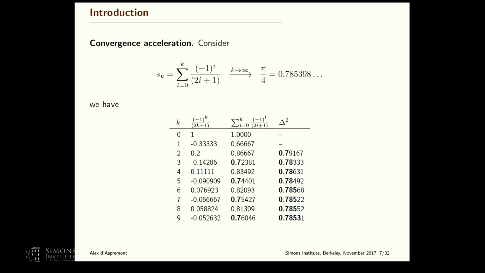And if you do the same thing using the last 3 iterates here, you get this estimate, the delta square, and now you have 4 digits. You haven't computed anything else than this initial sequence of iterates, but you're doing a little bit of post-processing. And this post-processing allows you to get 3 additional digits of precision with essentially no numerical cost.